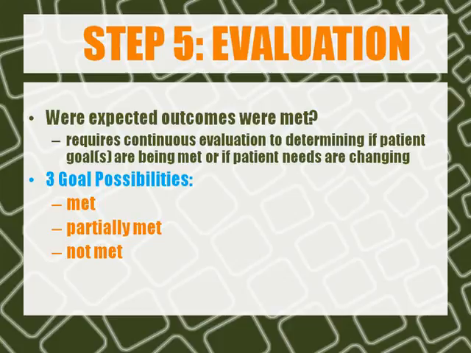Then we could say it's partially met. And if they gained weight, or maybe they just lost 2 or 3 pounds, we might say not met. So we've always got 3 possibilities. And don't feel like you have been defeated if you don't always meet your goals. Maybe we just need to tweak the goals to be a little more realistic for your patient, and sometimes that's the case.